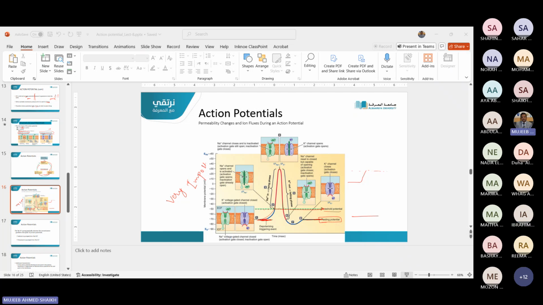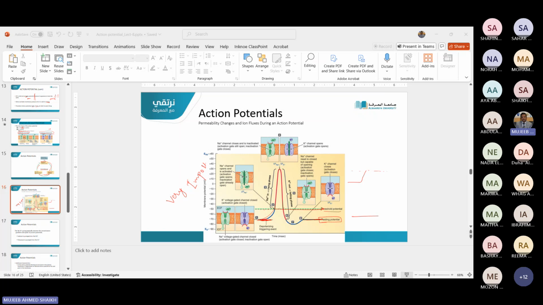So from here, it is suddenly changing its potential very fast and very rapid, crossing the zero line and moving up. What is the cause? It is the sodium ions moving into the cell.